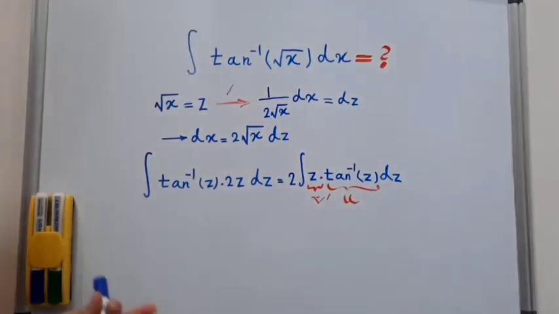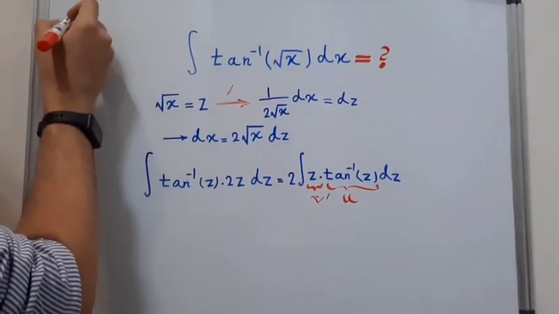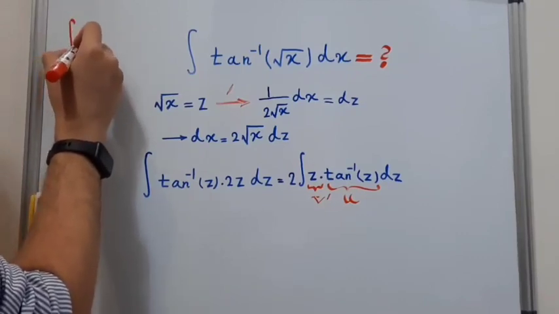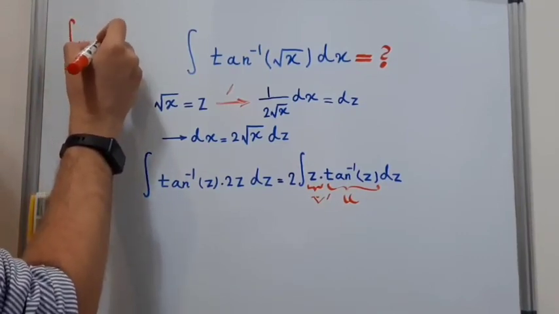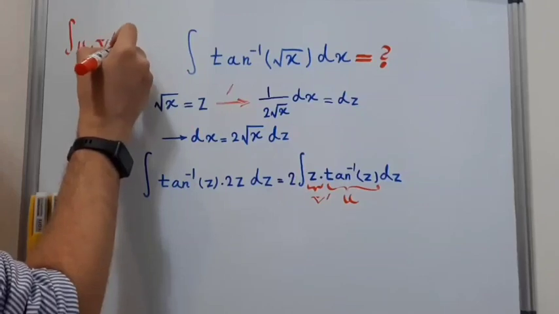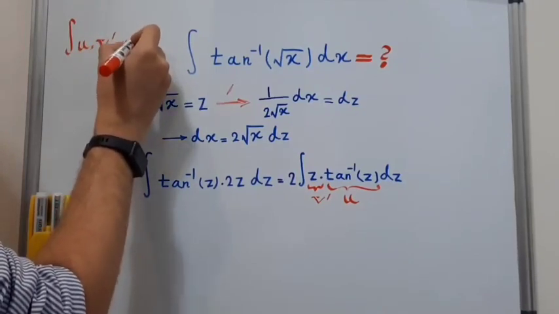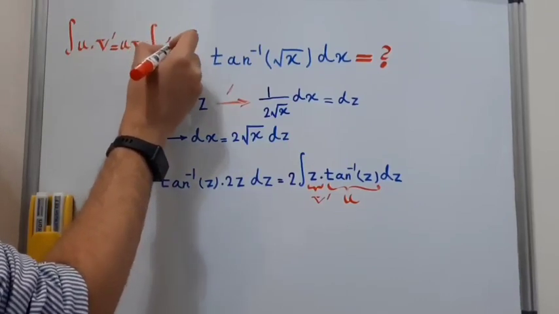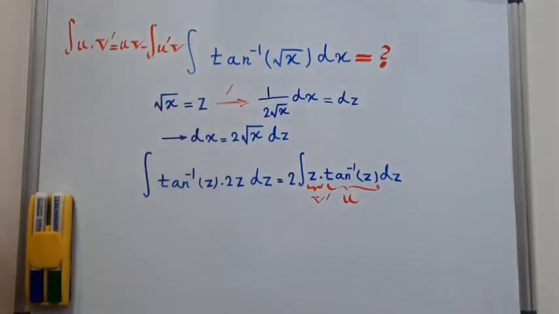Let me write it somewhere. The integral of u v prime is u v minus the integral of u prime v.